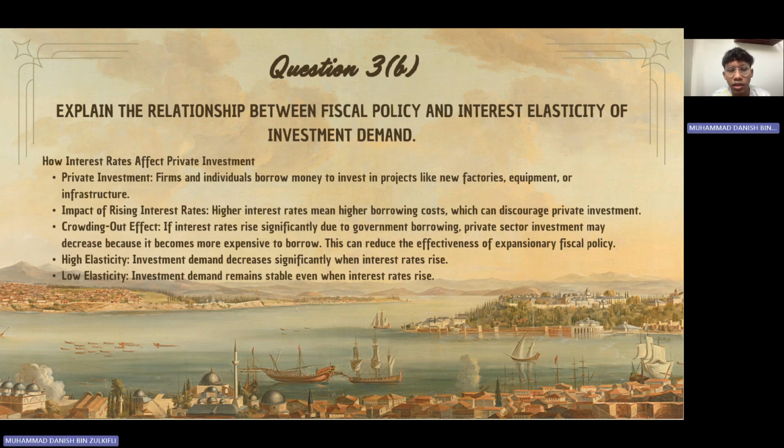Private investment means the firm and the individual borrow money to invest in projects, like new factory equipment or infrastructure.